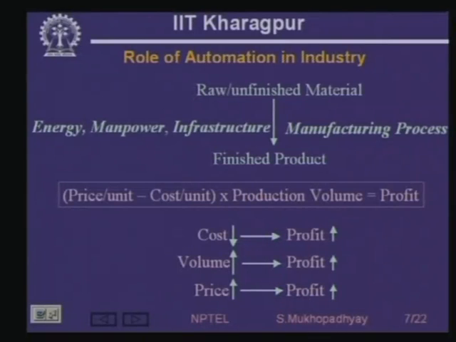And at the same time, if you can sell a given product at a higher price, then also your profit will increase. So, now let us see how automation can bring down cost, can increase production volume, and sometimes can increase price.